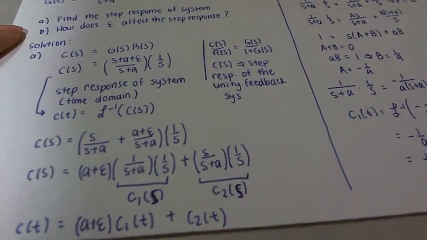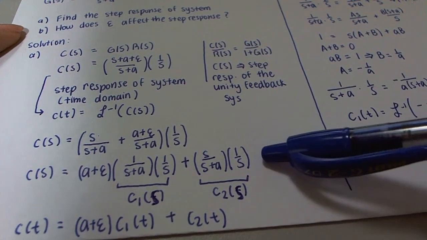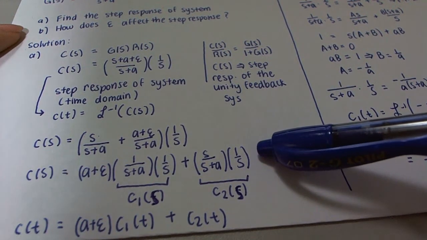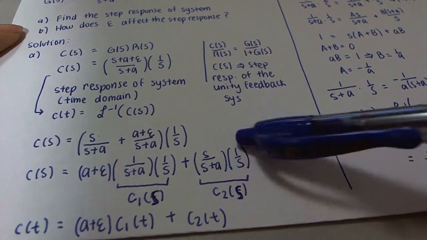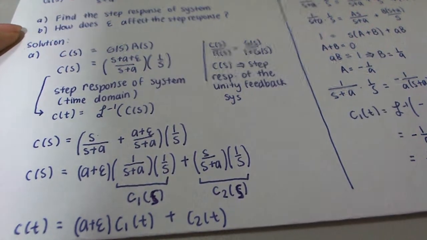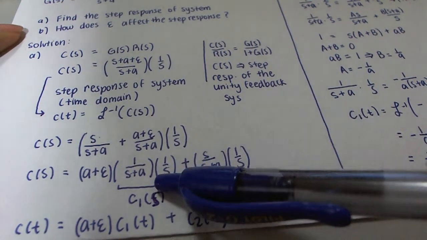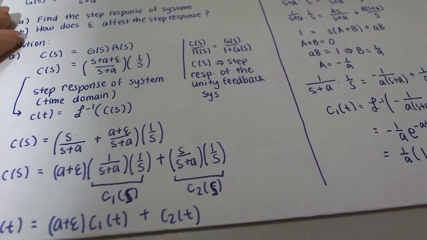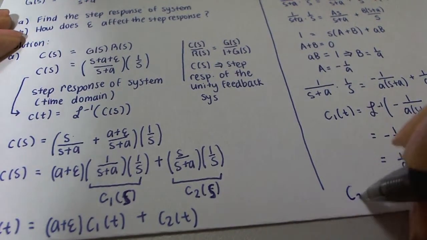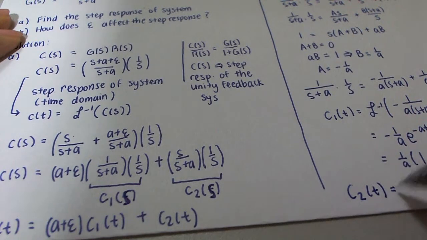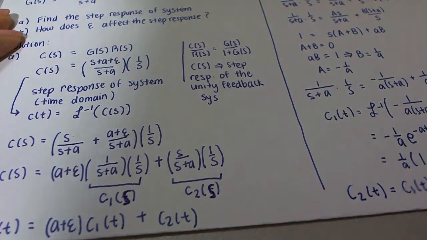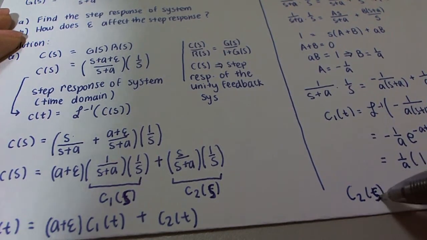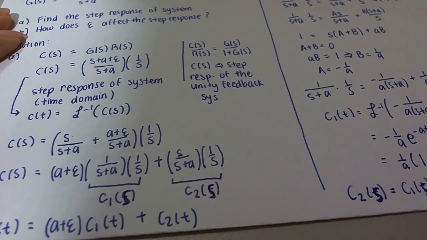And if we go back to our equation of the output here, we can see that basically the second part is equal to the first part multiplied by s. So C2(s) equals C1(s) multiplied by s.